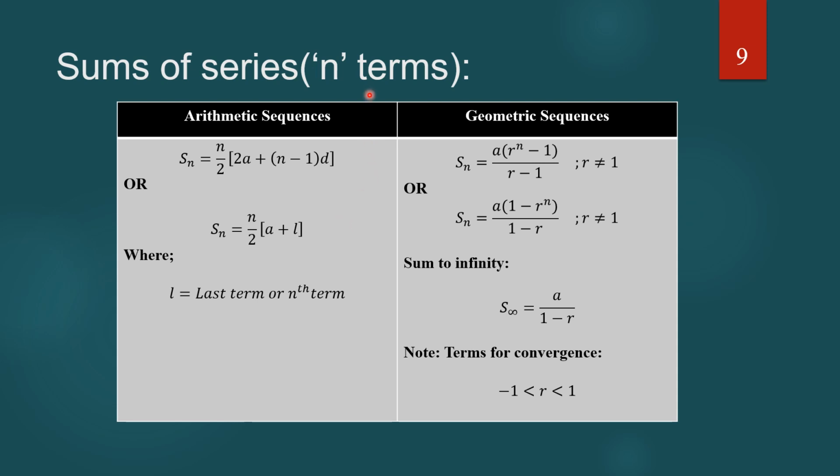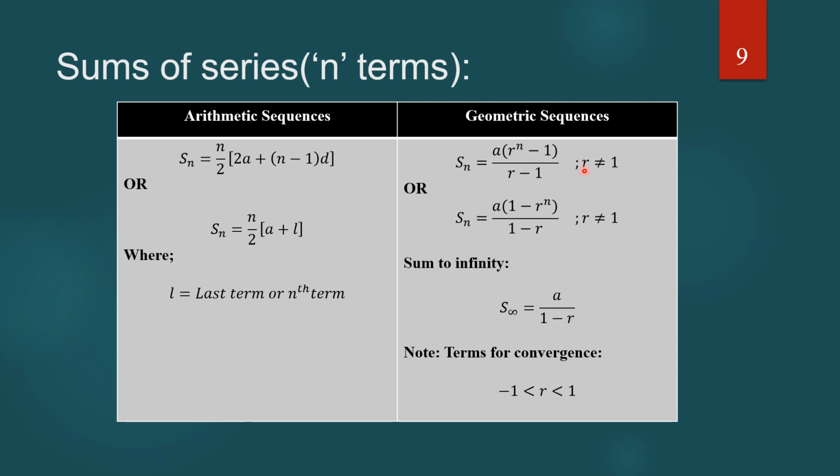Later on we will be looking into the derivation of these expressions to get the sum of the series on an arithmetic sequence as well as a geometric sequence. On your right we see a geometric sequence and the expression of the sum of the series on a geometric sequence.